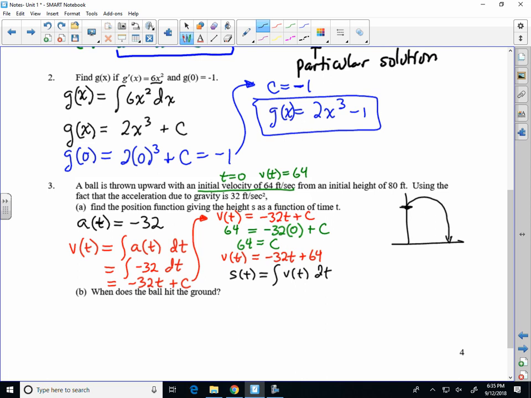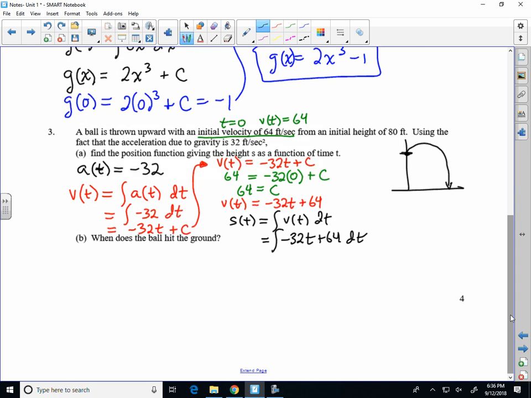By rule. All right. So I'm looking at the antiderivative of -32 t plus 64 dt. And the antiderivative of that is equal to what?